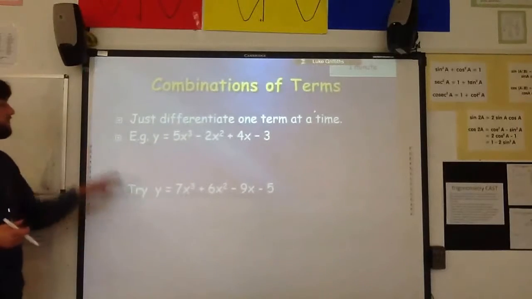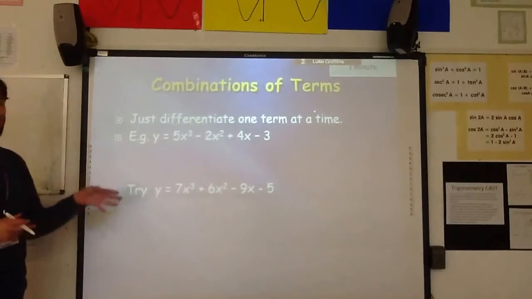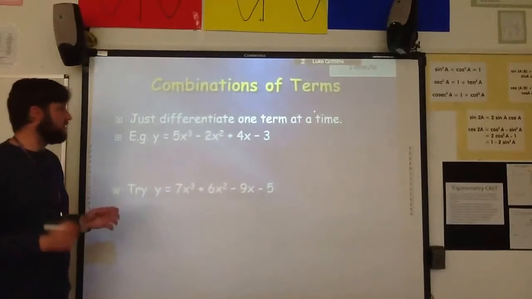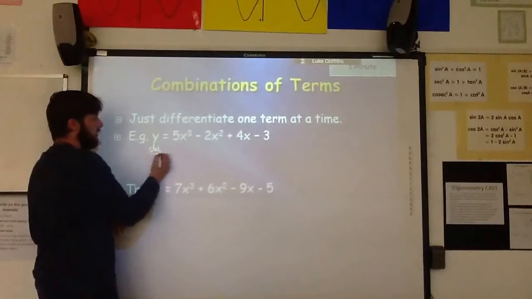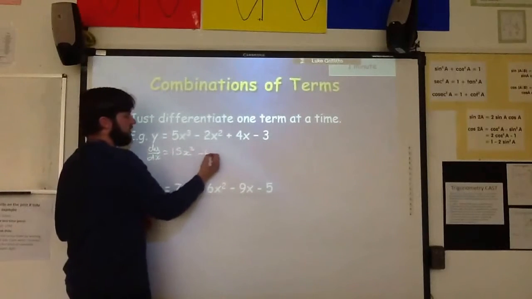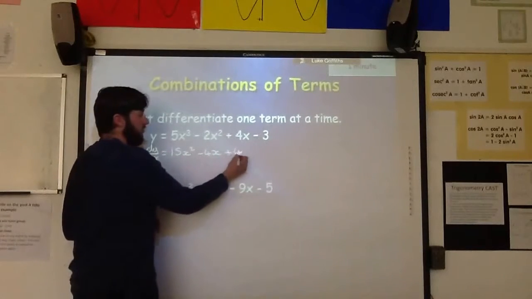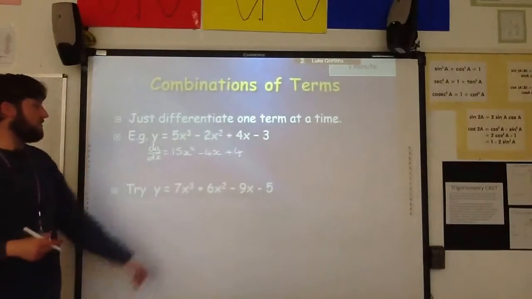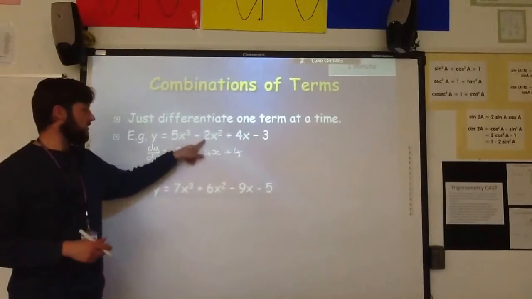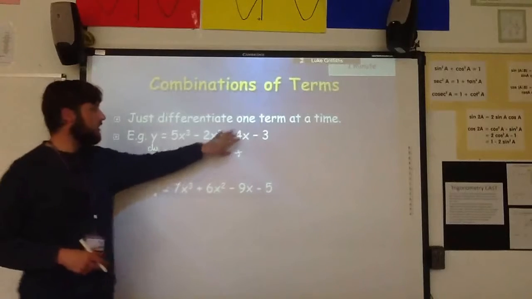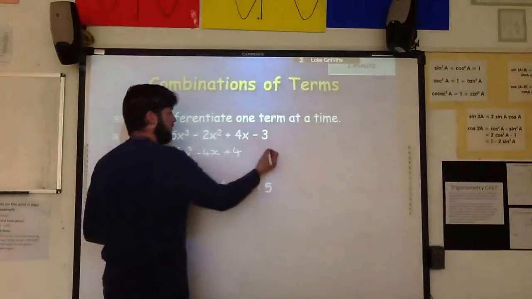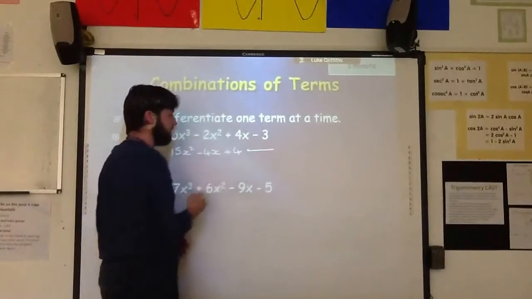So if y was equal to 5x cubed minus 2x squared plus 4x minus 3, dy/dx is going to be equal to 15x squared minus 4x plus 4. Remembering that we're timesing by the power and taking 1 from the power. Numbers times by x just leave us with the number. Numbers on their own disappear.